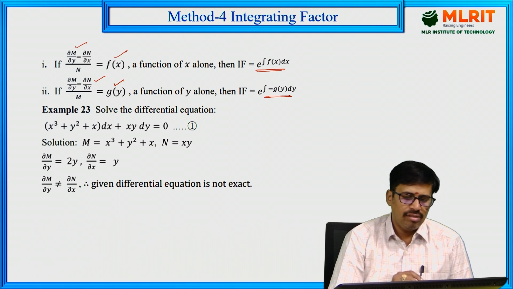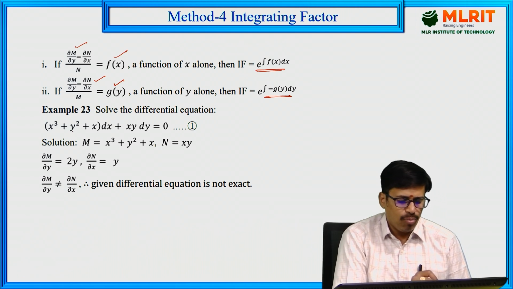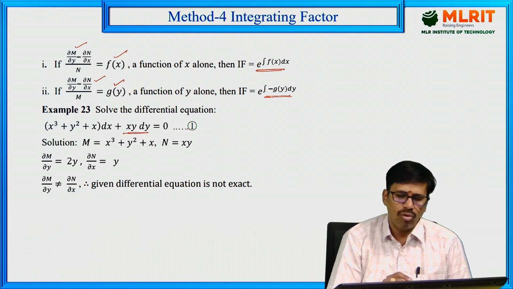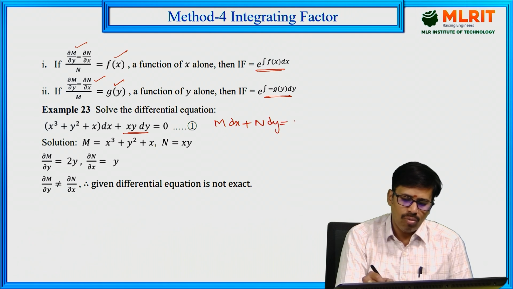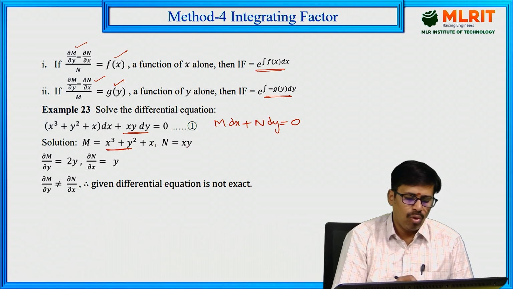Let us see this. Solve the differential equation (x³ + y² + x)dx + xy dy = 0. Now this is in the form of M dx + N dy = 0, where M is x³ + y² + x and N is equal to xy. So what is ∂M/∂y?